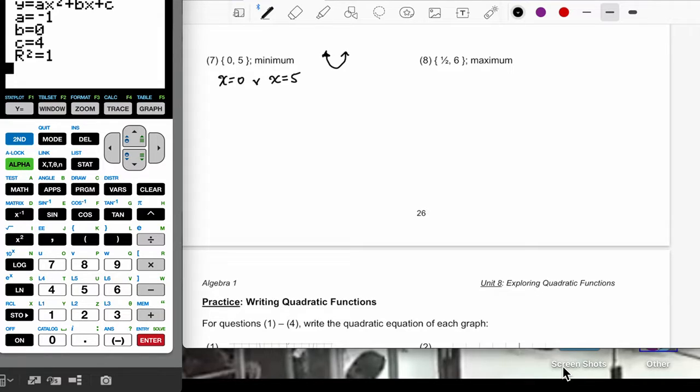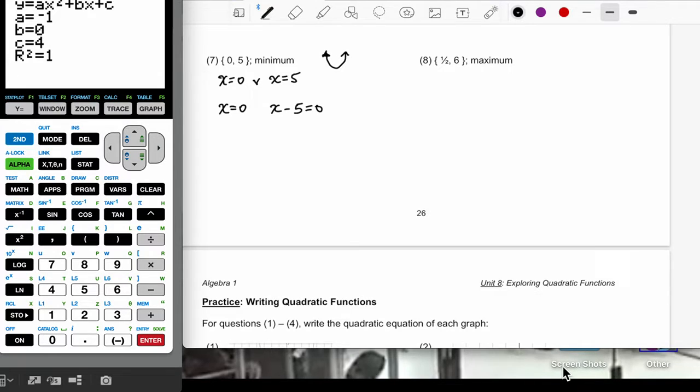So when I go to solve this, or at least get it into the general form of a quadratic, I need to get it into factor form first. Nothing much I can do about the x equals 0, but the x equals 5 is preceded by x minus 5 is equal to 0.